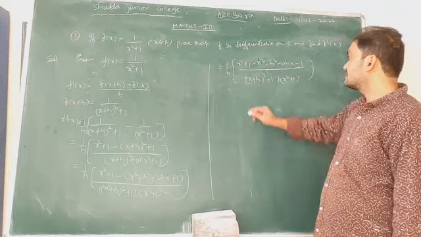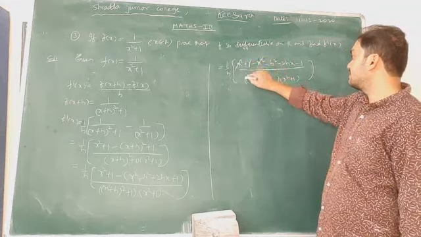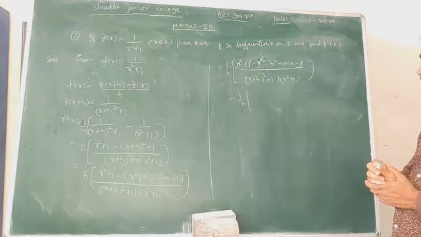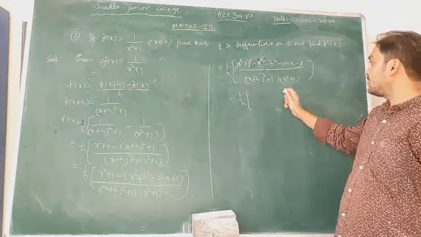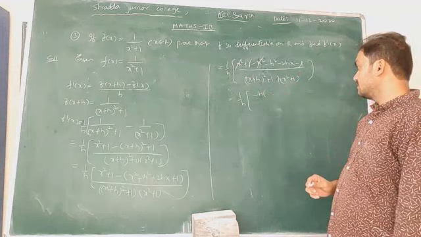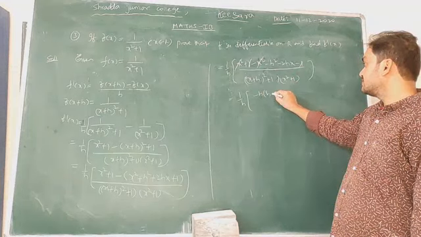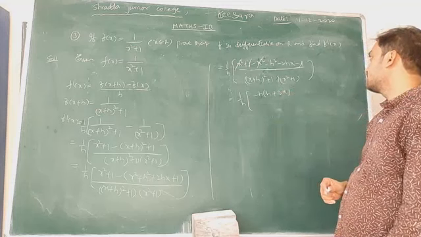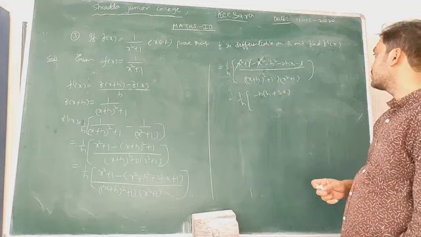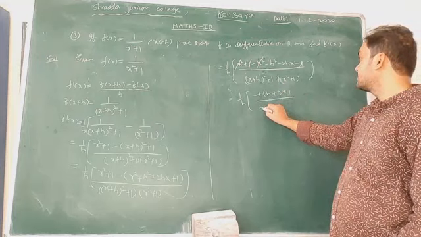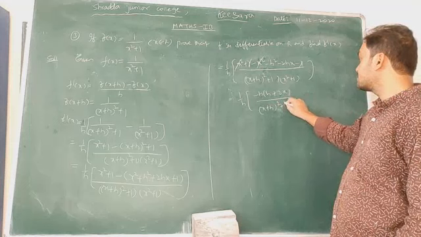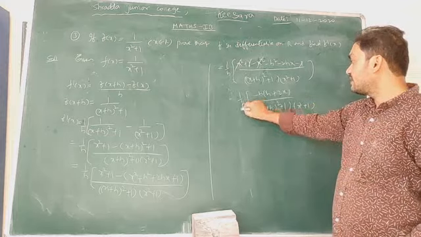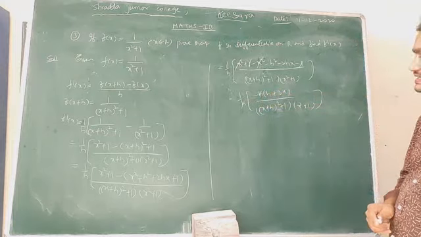Here what we are getting: cancel here, plus x square minus x square, plus 1 minus 1 get cancelled. 1 by h into, what we are getting common here, minus h into h plus 2x, by x plus h whole square plus 1 into x square plus 1. Here h gets cancelled.